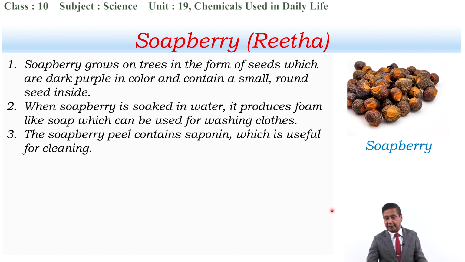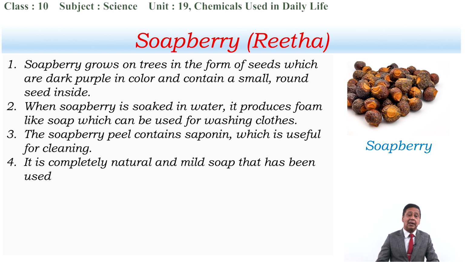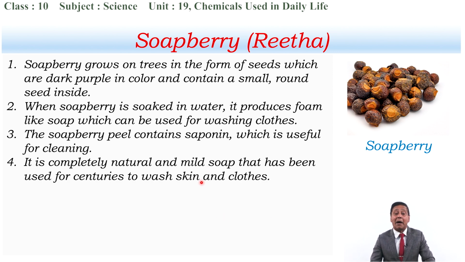Next information: it is a completely natural and mild soap that has been used for centuries to wash skin and clothes. Soap came into cleaning use only when it was invented and manufactured in industry, but before that, Rita was used for centuries for cleaning.